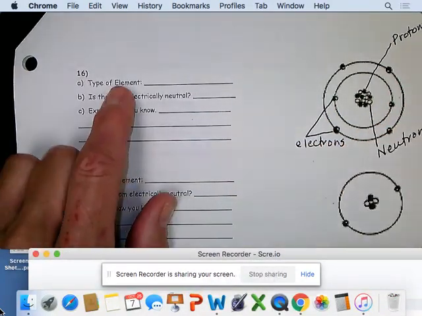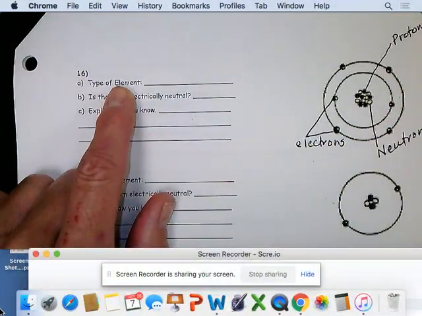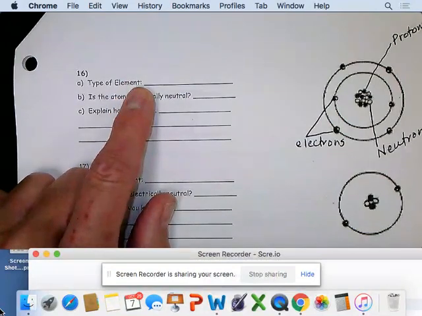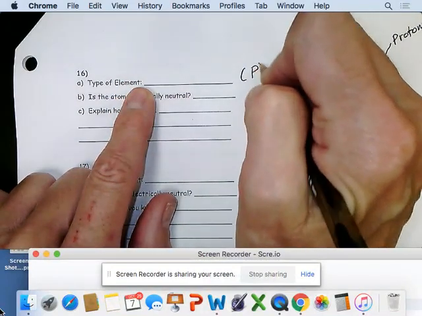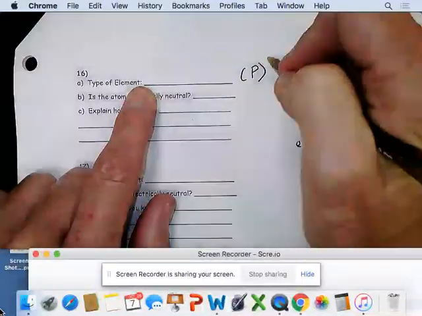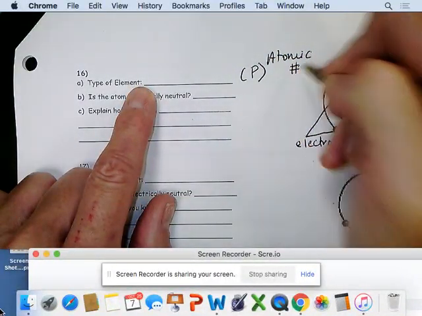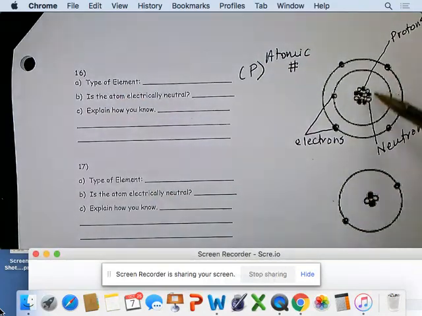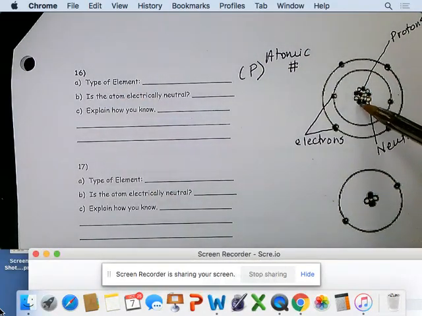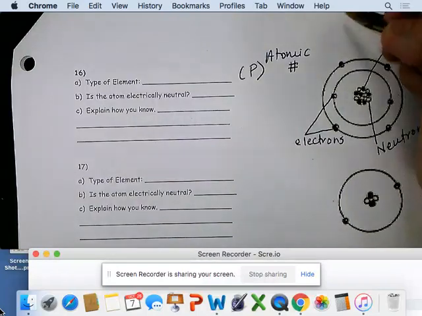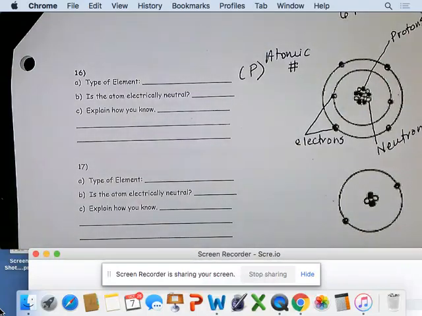Okay, so when we're trying to identify the element, as we've talked about, we look at the number of protons, the atomic number. We've got 1, 2, 3, 4, 5, 6 protons in the nucleus.